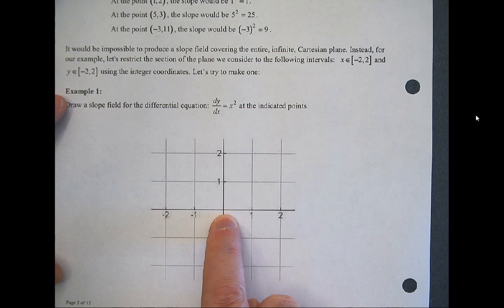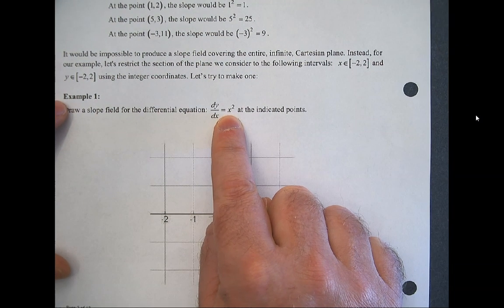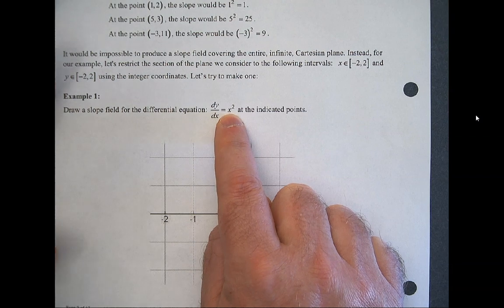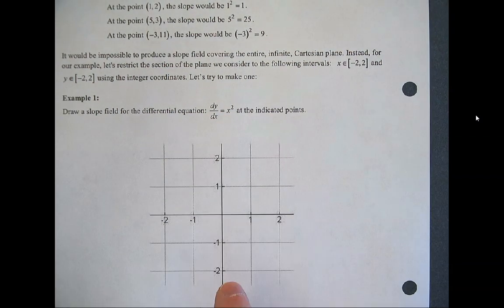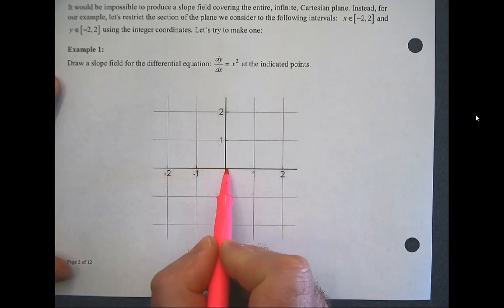You would take (0, 0) and plug it into dy/dx equals x squared. Well, there is no y to plug in, so basically we're just plugging in x. When we plug x in, we get 0 squared, which is 0. So at (0, 0), our function is going to have a slope of 0.